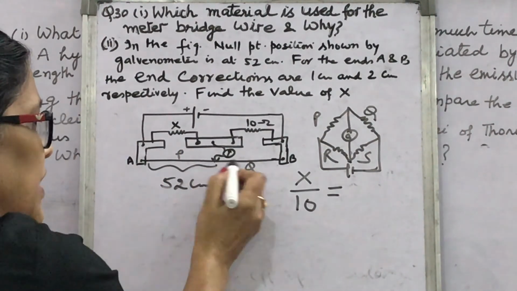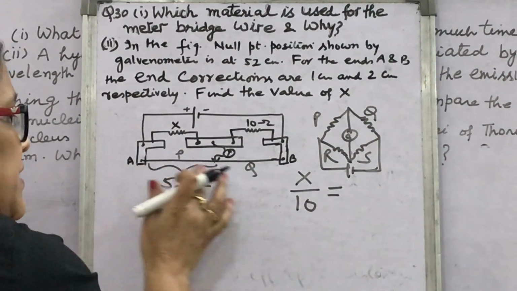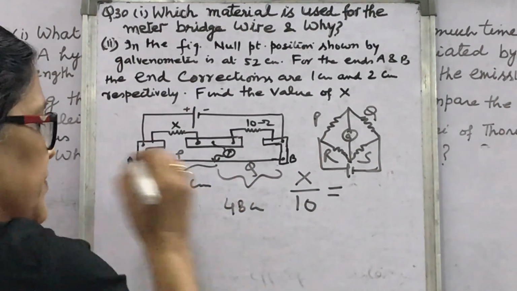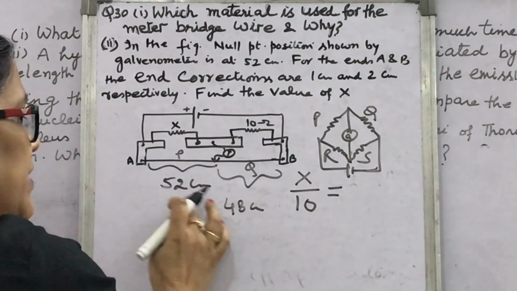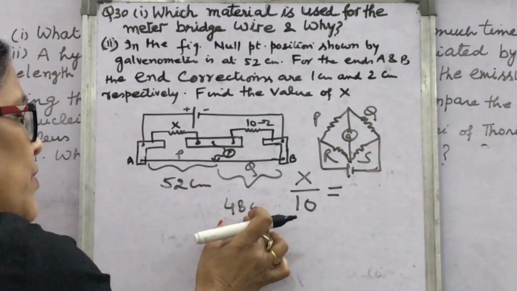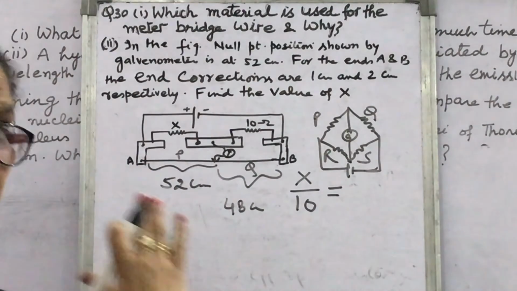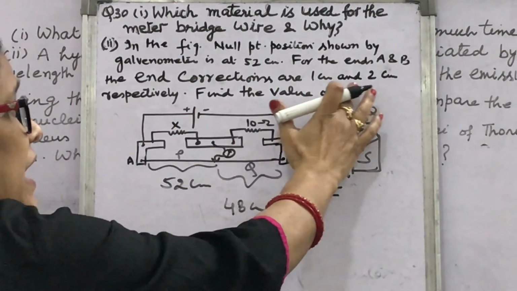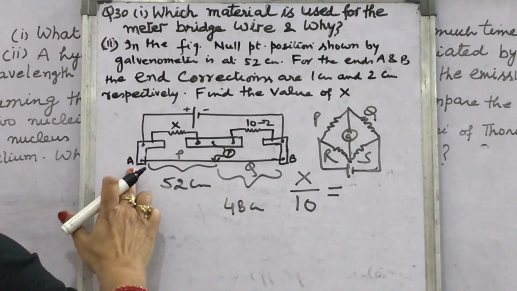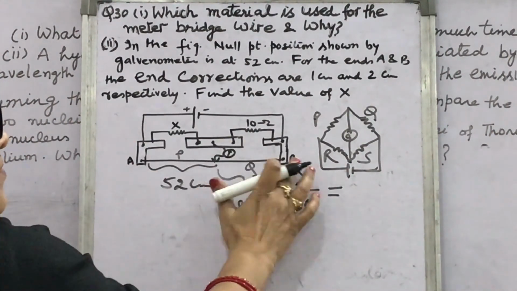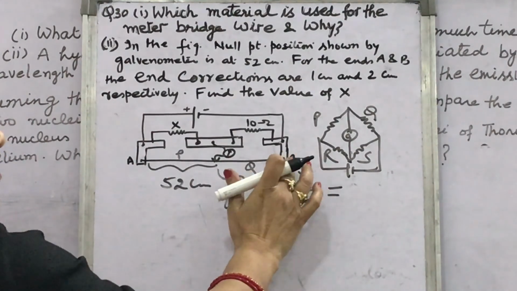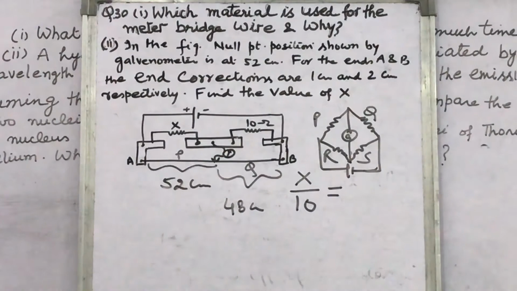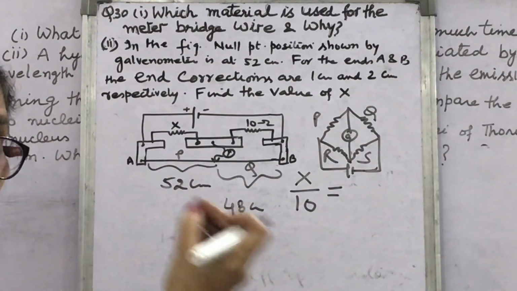What will be this value? Total length is 100 centimeter, so this value will be 48 centimeter. So X upon 10, what will you write? 52 upon 48, in general experimental values. Here the end corrections are given. At the end of the 1 meter long wire, there are flat metallic strips of copper metal having negligible resistance.